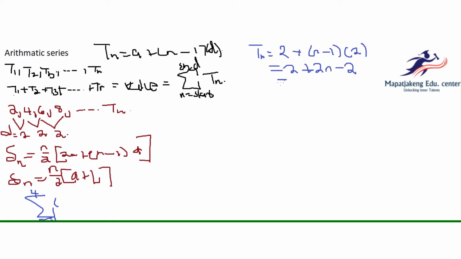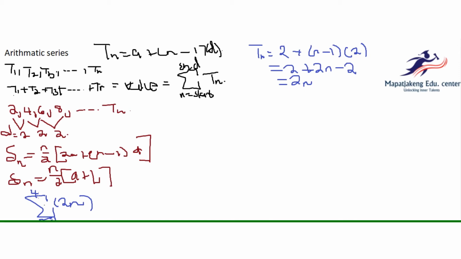Like terms cancel out, then your Tn is 2n. Then in here we're just putting 2n, meaning 2n is referring to this sequence, right? Because if you put T1, it's going to be 2 times 1, which is 2. 2 times 2 is 4. 2 times 3 is 6. 2 times 4 is 8.